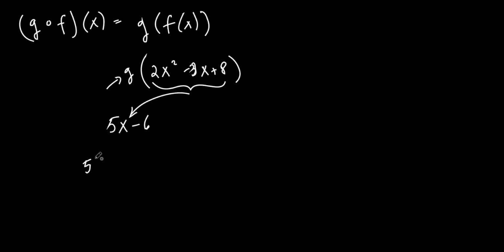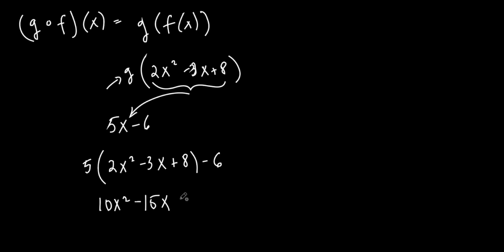So we just go 5 times all this stuff, 2x squared minus 3x plus 8. And then minus 6. There's my 5x, and then you still got that minus 6. You got to put that right there. Now this math's a little easier. You don't have to do any FOIL method. It's basically distributive property. So it's 10x squared minus 15x plus 40 minus 6.